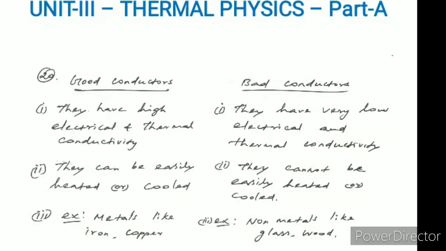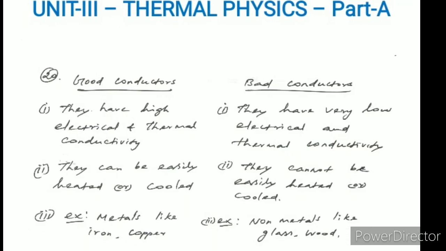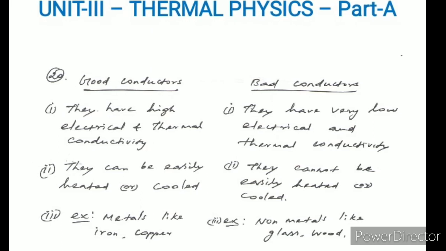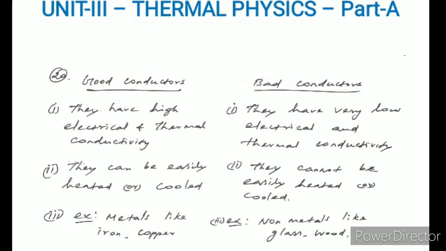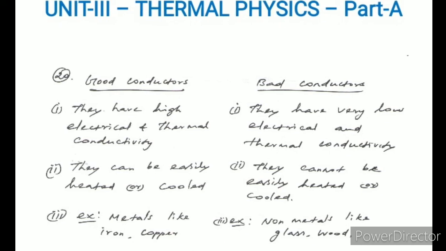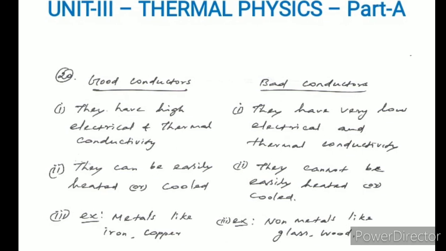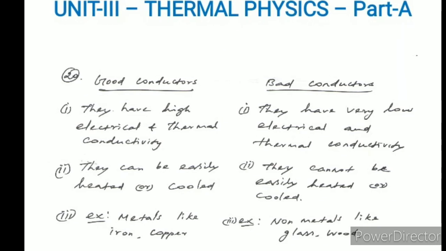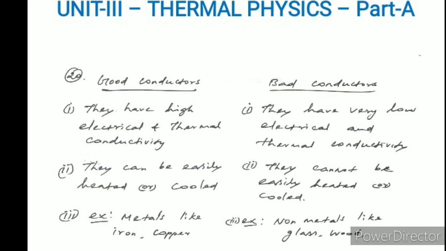Question number 20, difference between good conductor and bad conductor. A good conductor has high electrical and thermal conductivity, but a bad conductor has very low electrical conductivity and low thermal conductivity. Examples: metals and non-metals.